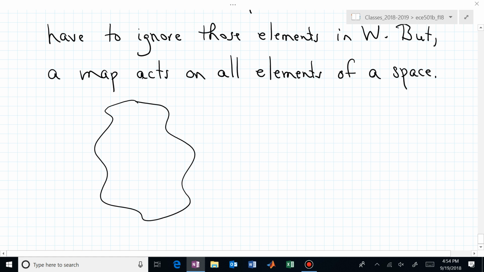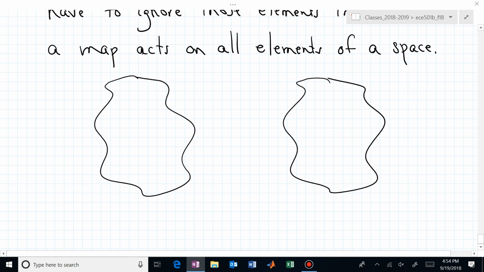And here's a picture of this non-surjective map.